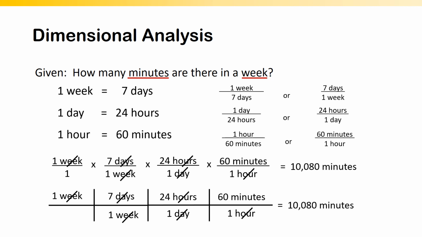So our final answer actually has 1, 2, 3, 4, 5 digits, 4 of which have any real meaning to us because there's no decimal, but we want our final answer to have the same number of significant digits that our given value has, which means that we're going to have to do some fancy magic here. And the easiest way to express this answer would be to put it in scientific notation. So our final answer would basically be 10 to the 4th minutes, which actually has one significant figure.